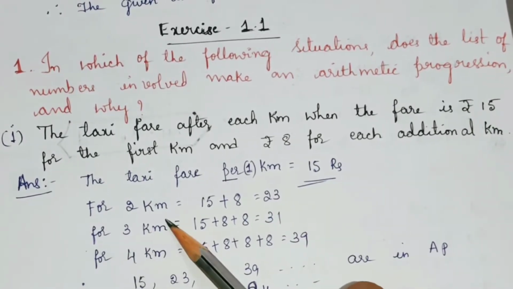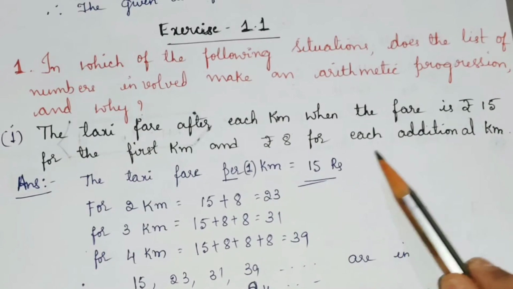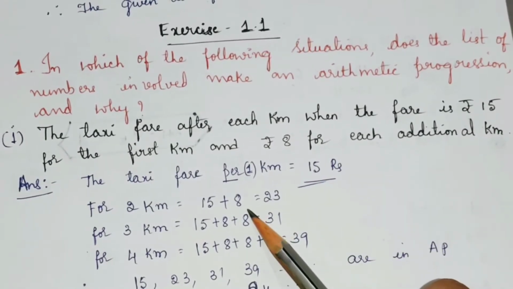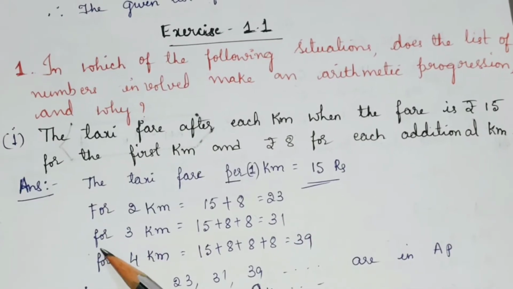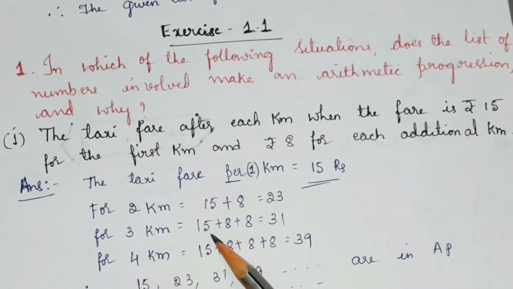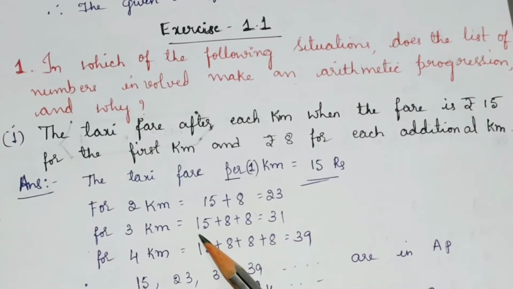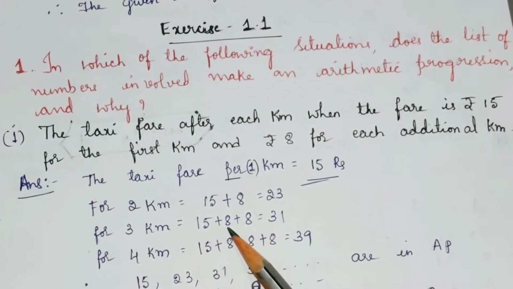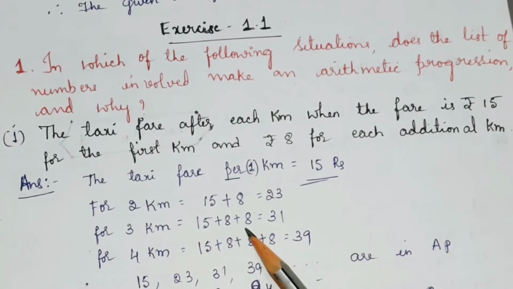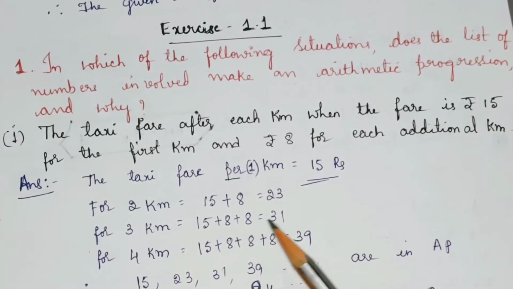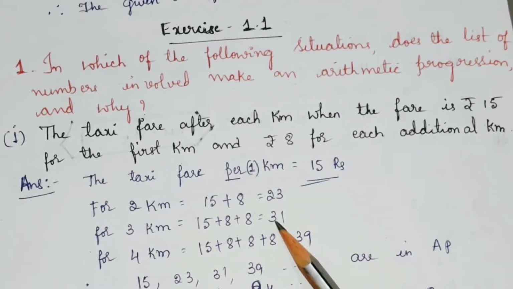For the second kilometer, it is 15 plus an additional 8 rupees. Then it will be 15 plus 8 is 23 rupees. For the third kilometer, 15 plus 8 rupees plus 8 rupees: 15 rupees for the first kilometer, 8 rupees for the additional, and one more 8 rupees for the third kilometer. Then it will be 31.